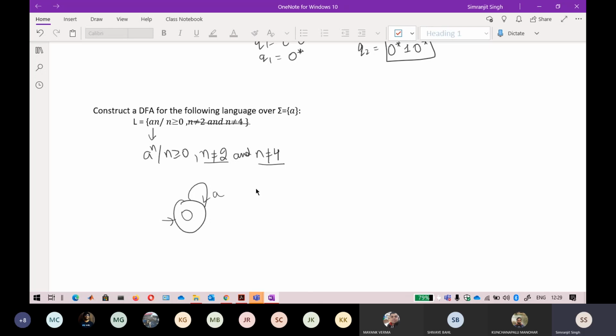Where n is equal to 2, you should not make that a final state, and where n is equal to 4, you should not make that a final state. After that, you should make a self loop of a.